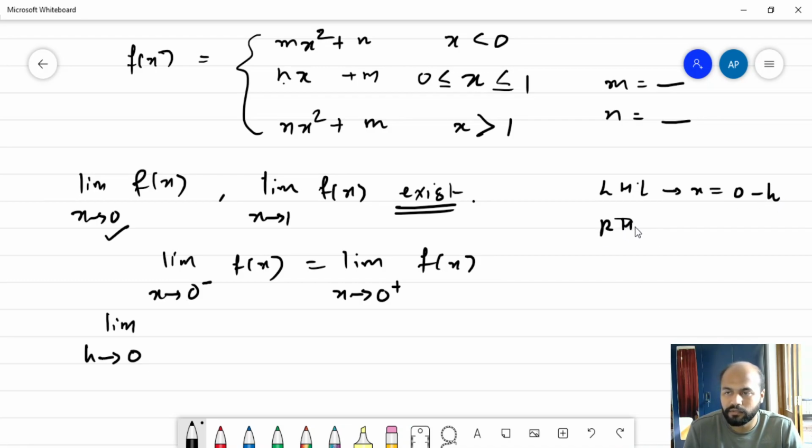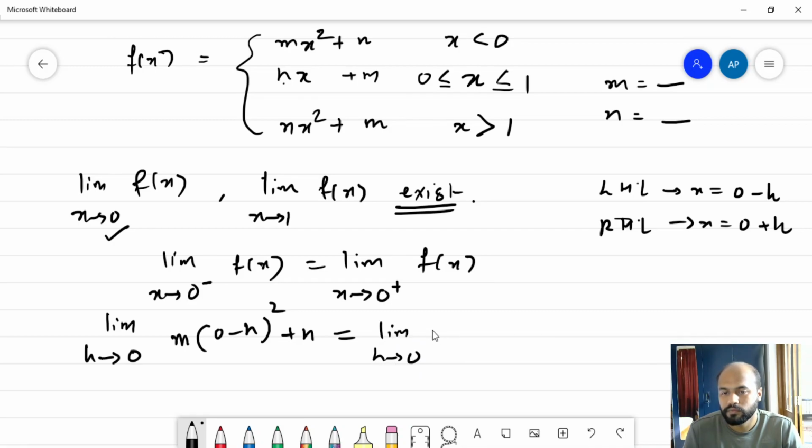For RHL, x is going to be 0 plus h. That is the difference. So it's going to be limit h tending to 0 of m(0 minus h) the whole square plus n, equal to limit h tending to 0 of n(0 plus h) plus n. Because to the left of 0 it is this definition, to the right of 0 it is this definition.